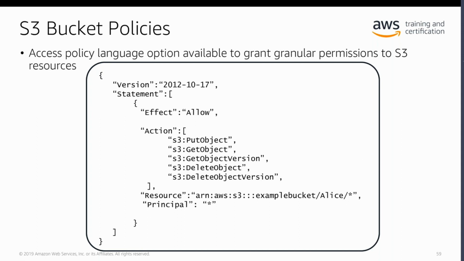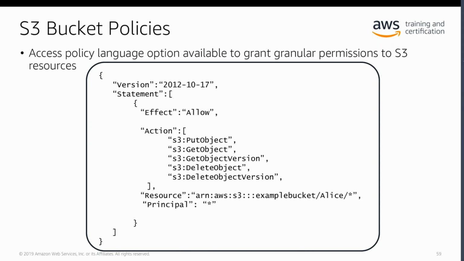Bucket policies in S3 are tied directly to a bucket itself. So say you have Fred, and Fred is somebody that has S3 full access permissions, so he can do anything in S3, including deleting objects and deleting buckets. But I have this really sensitive bucket, and I kind of want to restrict Fred's access for it.